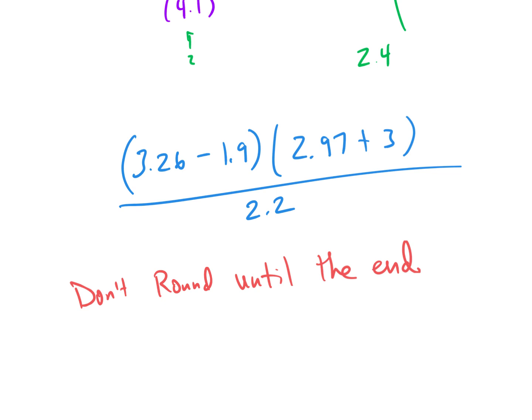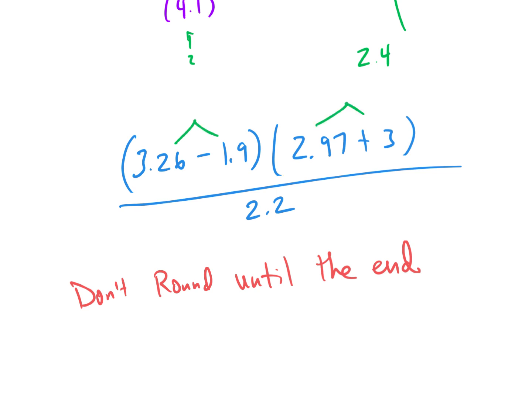Because if we round this one over here, and round this one over here, and then multiply and round it again, our answer is going to be less accurate. We're cutting it off, cutting it off, cutting it off, and by the time we get done, it's not even close, or not as close as it could be. You with me?